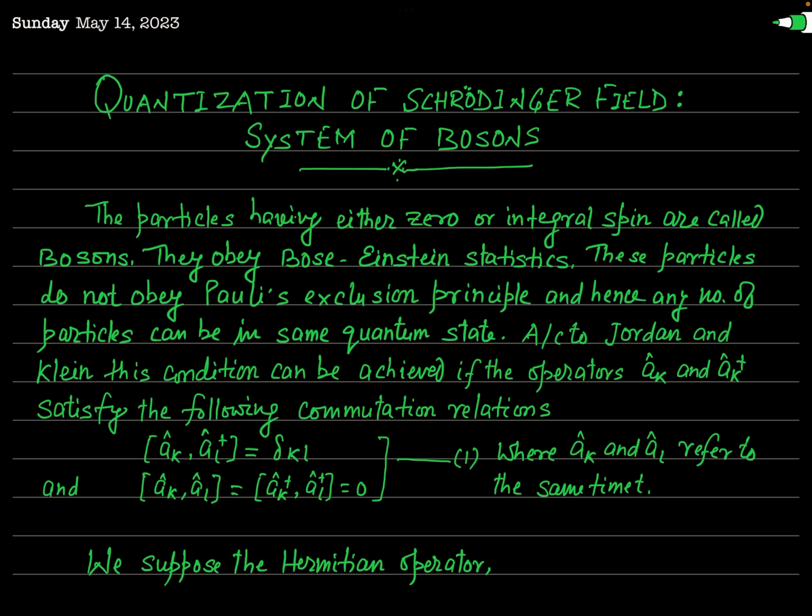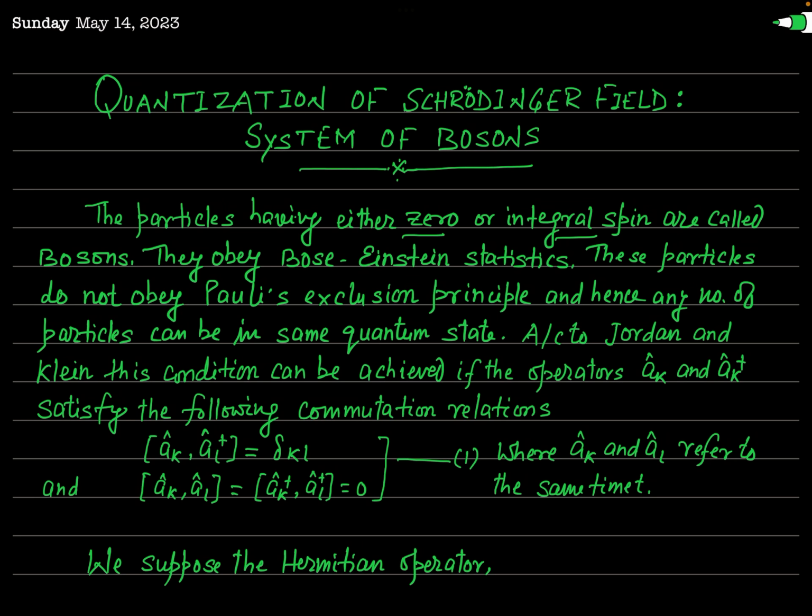You know that a boson has either zero spin or integral spin. When you say integral spin, it means the spin of the boson must be either 0 or h bar or 2h bar or 3h bar and so on.